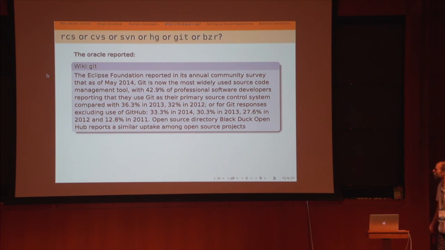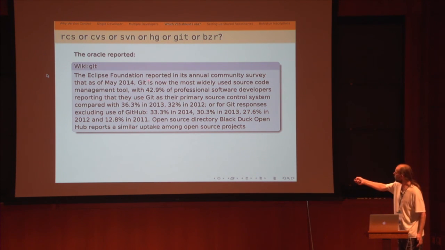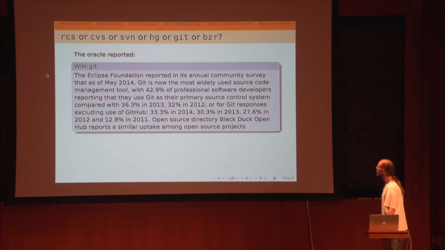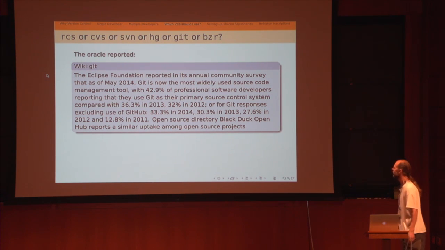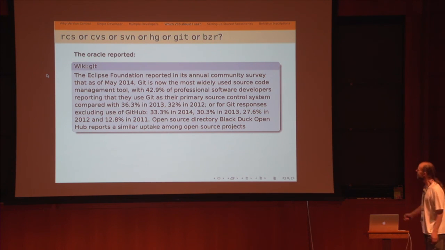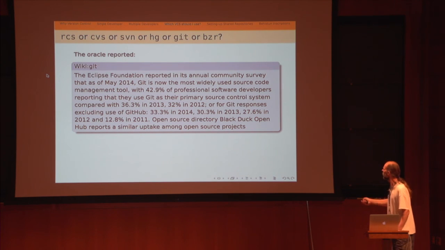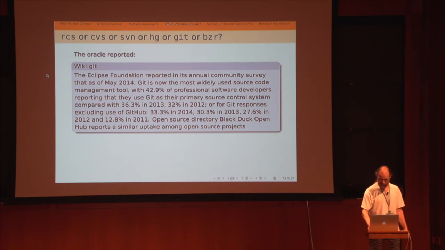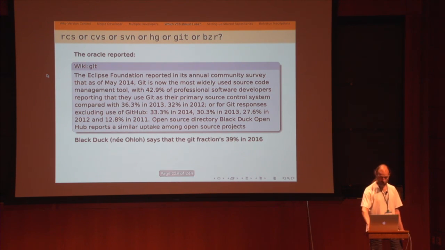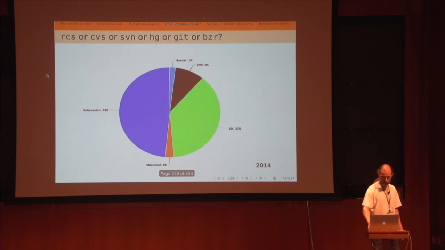So I consulted the Oracle. The Oracle said that Git was currently the answer with 42.9% of professional software developers. One should be very suspicious of numbers like 42.9%, as opposed to 36.3% or 32%. Okay, this basically says lots and lots of people are using Git. And if you go out to Black Duck Open Hub, which used to have a different name, which I've now forgotten, I don't know what that meant either, 39%, as opposed to 42.9%.